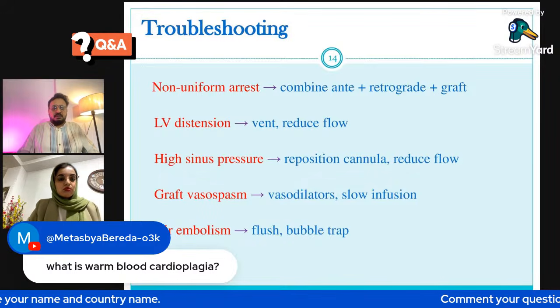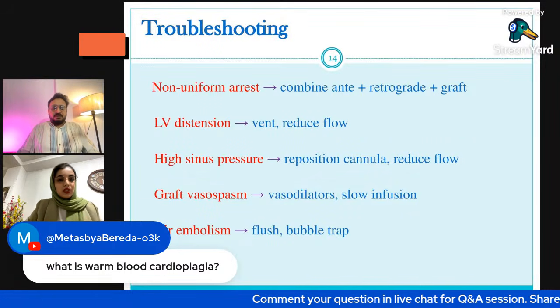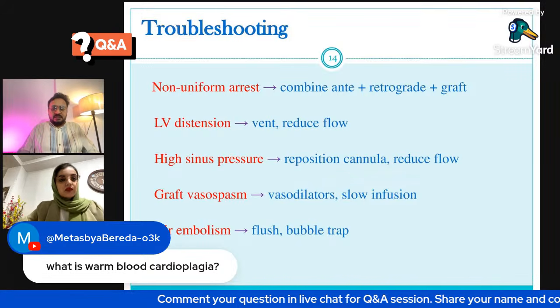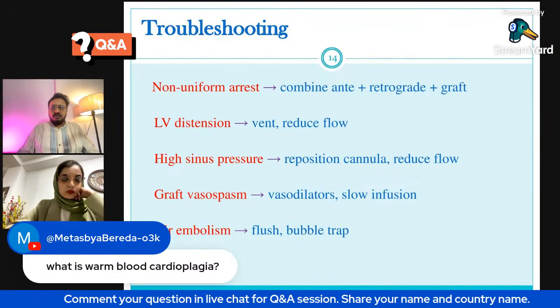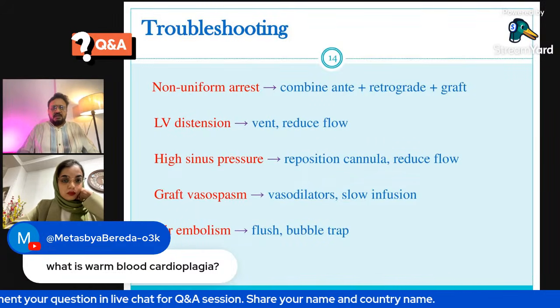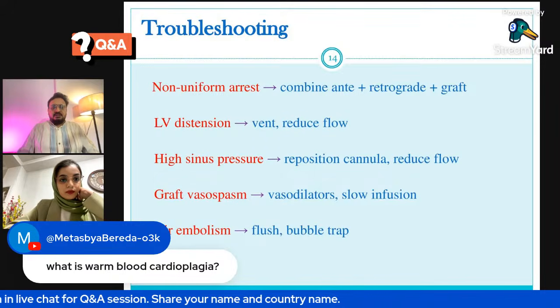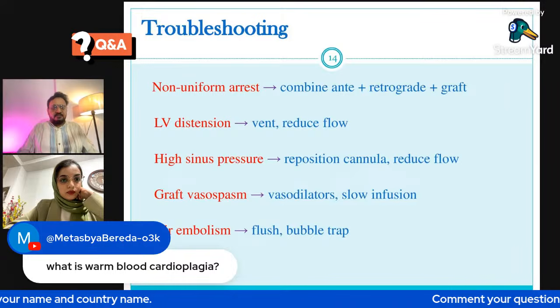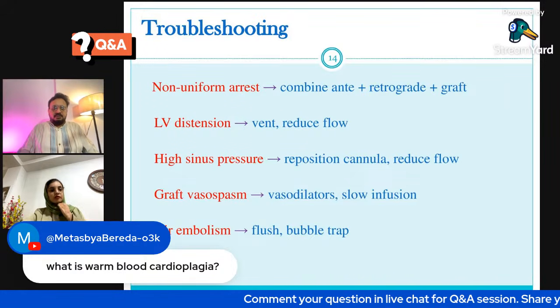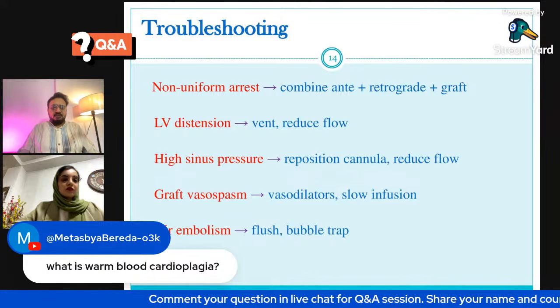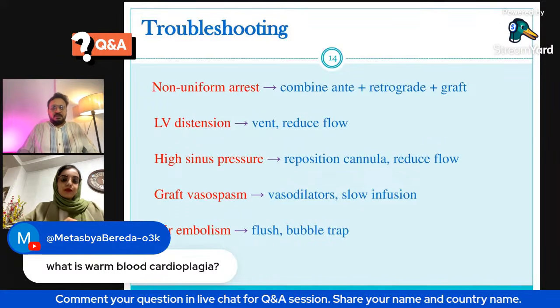For a complicated case, we should prefer cold cardioplegia. If there is a simple, straightforward case which doesn't require a long arrest time, we can go with warm blood cardioplegia, maintaining the myocardial temperature up to 34.